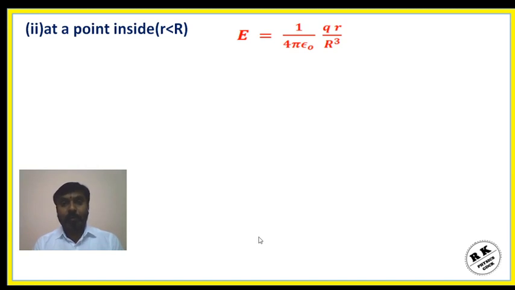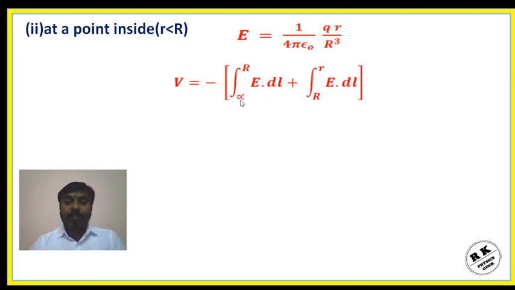But when we want to find the electric potential, it is nothing but the amount of work done in bringing a unit positive charge from infinity to a point in the field. That means we have to bring it from infinity to small r, which is present inside the sphere. Now what we notice here is that outside the sphere the expression for electric field intensity is different, which we have seen in the previous slide.